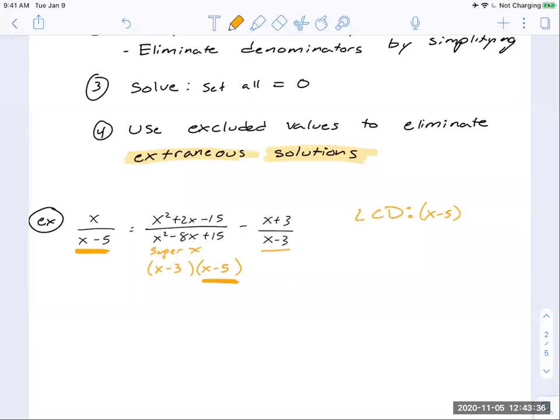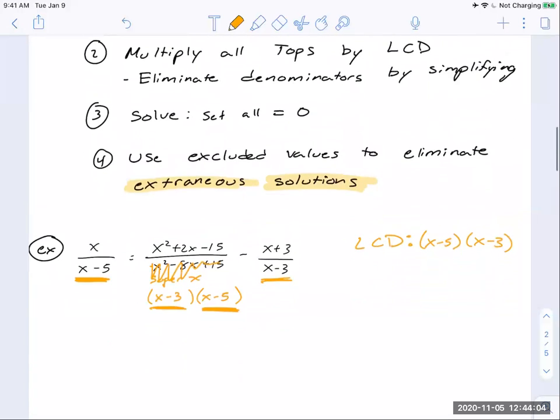What else? The x minus 3 and the other x minus 3. Good. Is everything in my denominators accounted for? Yes. Then my LCD is done. Everything is accounted for. So I'm gonna just kind of scribble this out so we don't get confused. We're looking at the factors part now, okay?